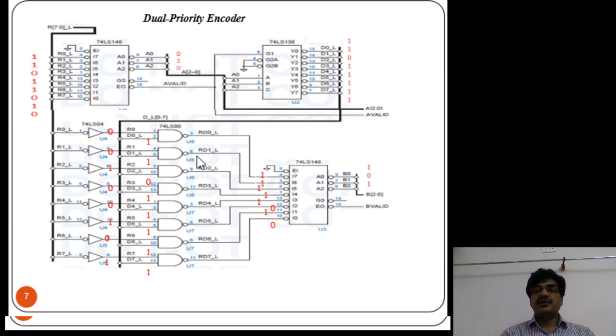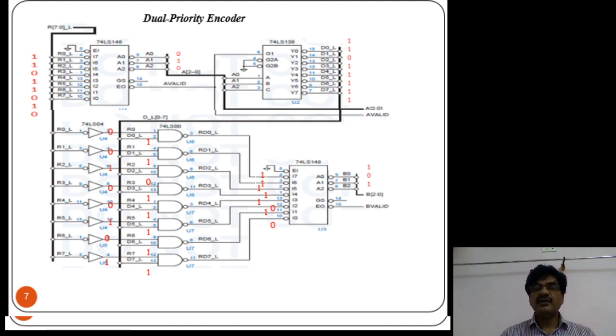The 74148 priority encoder gives the first priority input, whereas this dual priority encoder, in addition to the first priority input, also gives the second priority input. It also shows the second priority input.